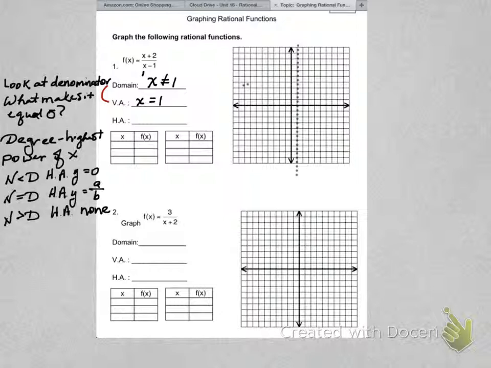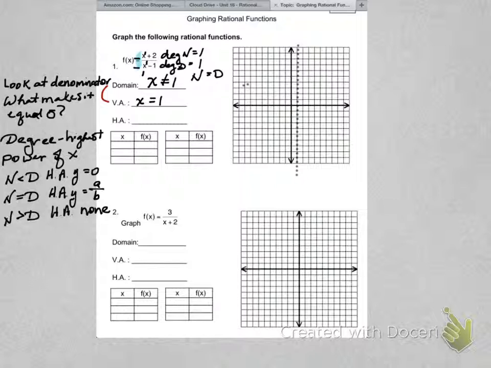So looking up at this equation, if there is no power of x there, it's understood that that's 1. So the degree of the numerator is 1, and the degree of the denominator is also 1. Since the numerator degree is equal to the denominator degree, then we look at these numbers in front of the x's, which are the coefficients in front of the highest powers of x.